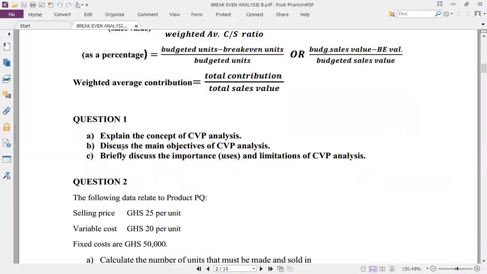I need you to discuss the main objectives of CVP analysis. Then the C, briefly discuss the importance or the uses and the limitations of CVP analysis. Good.